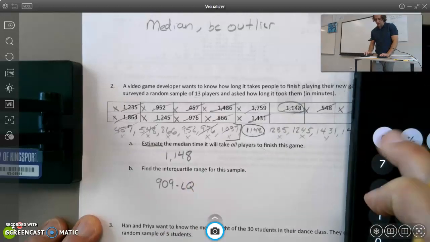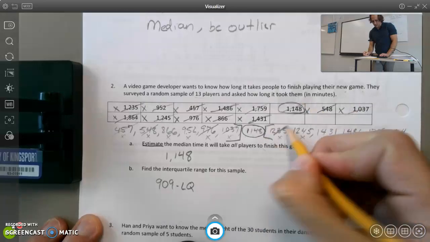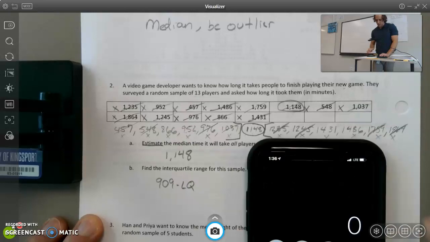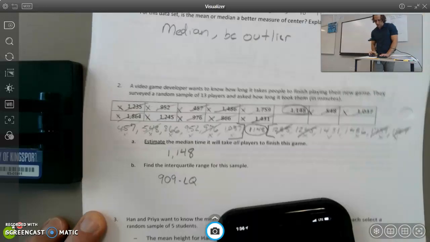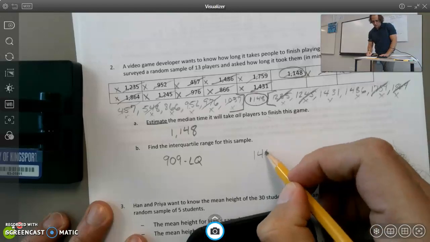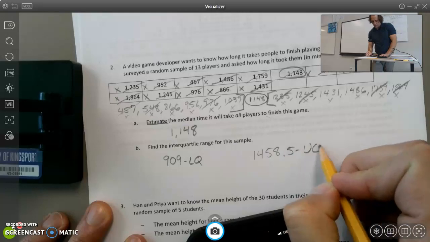And I'm going to go ahead and find the upper quartile over here. Let's cross out the values. Now I've got 1431 plus 1486 divided by 2. It's going to be 1,458.5. And that is my upper quartile.